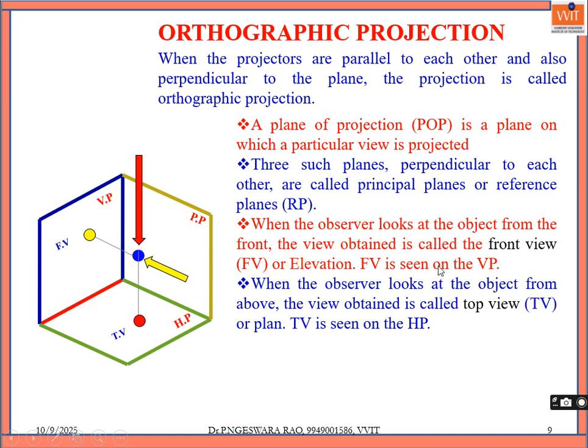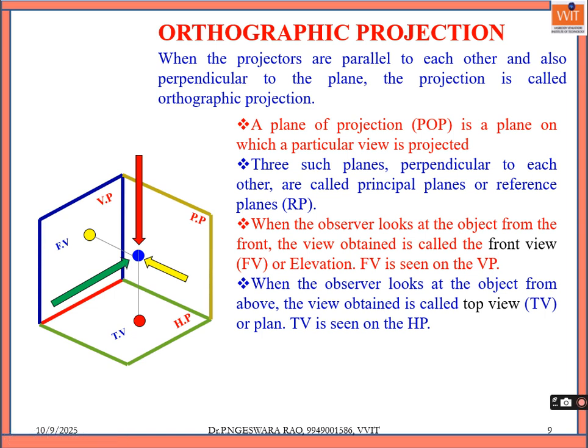Similarly, this view is called the side view, but we will have two side views: the left side view or the right side view, based on the front view direction. Now if this is the front view direction, this green colored arrow is what we call the side view.